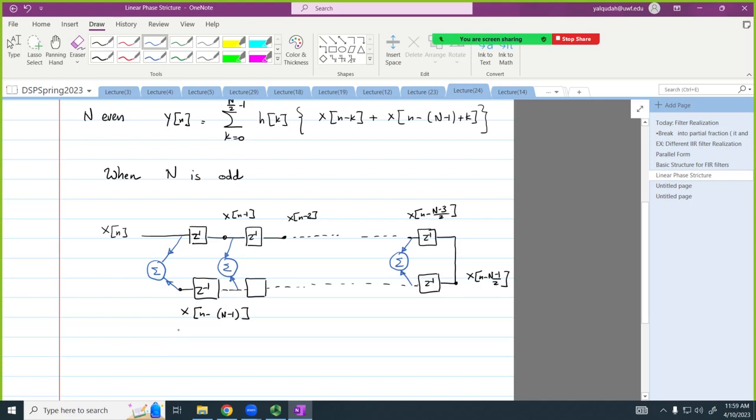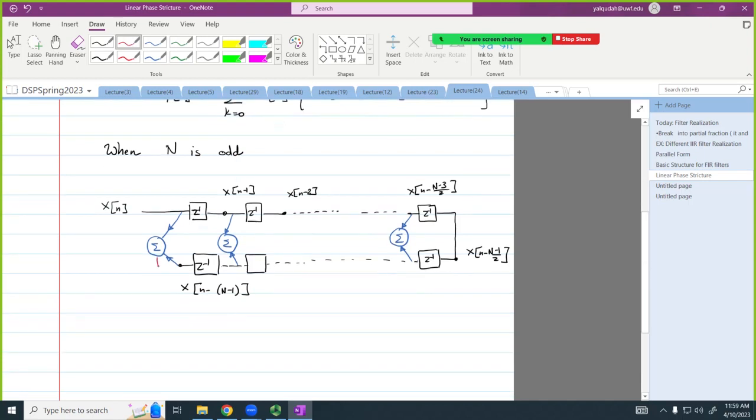Okay. Then we're going to use another color. We're going to take this term and multiply it by h of 0. We're going to take this term, multiply it by h of 1, and so on.